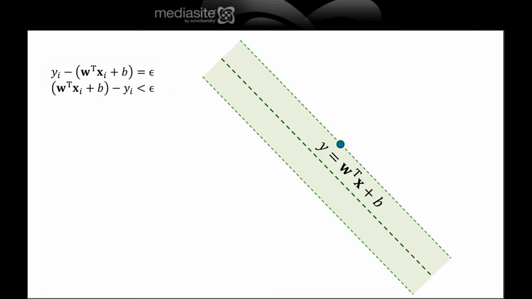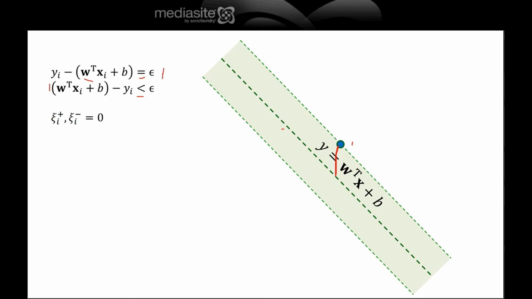Now let's look at a point that's exactly on the margin. Since it's a blue point that's above the hyperplane, we have this constraint being active. So yi minus w transpose xi plus b is exactly equal to epsilon. This is our epsilon. And the other constraint, of course, is inactive.